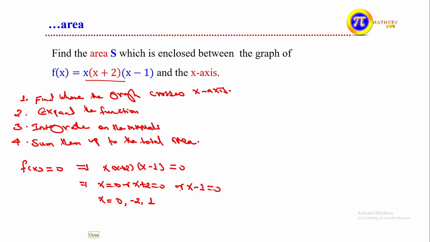Arranging them in increasing order, the intervals we have are negative 2 to 0, and 0 to 1.